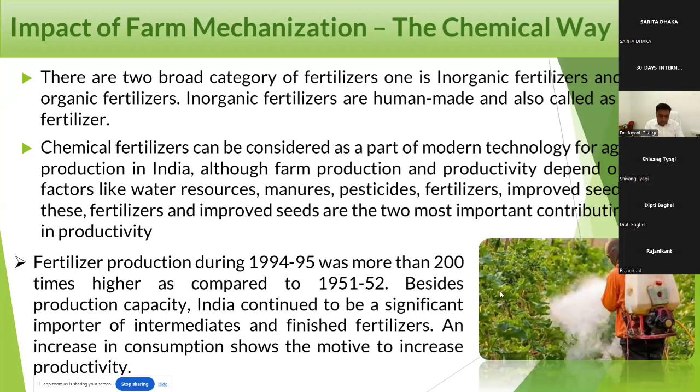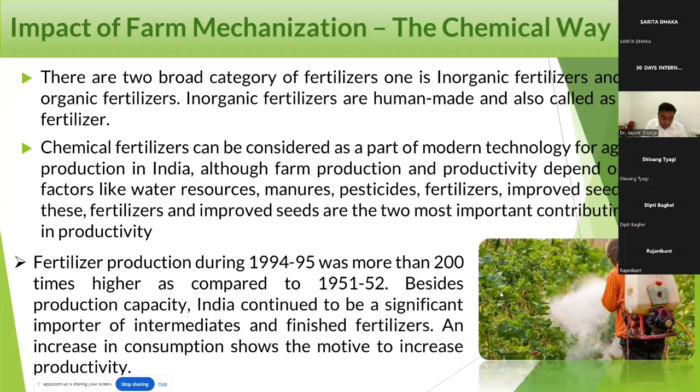If you think about chemical agriculture, the use of chemical fertilizers has boosted productivity, but it has environmental concerns. Fertilizer consumption in India has increased 200 times since 1951. So, it is not a good sign for us.